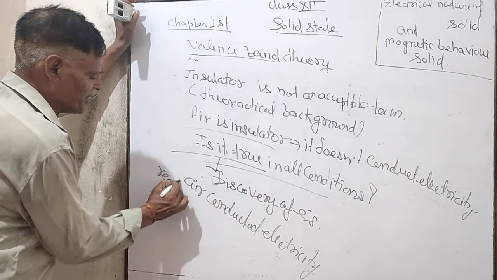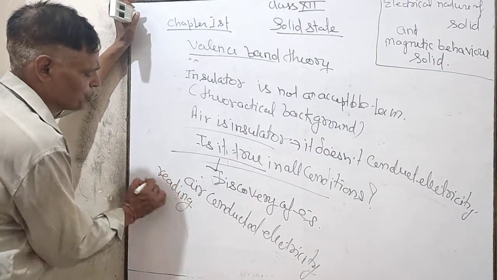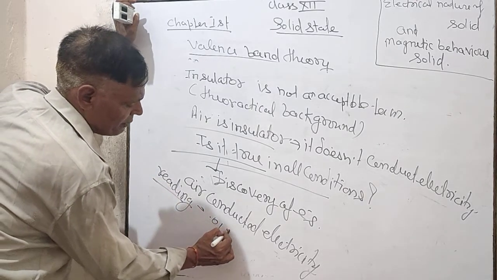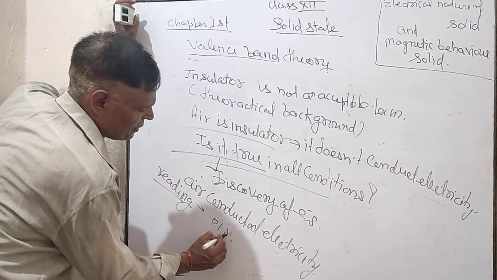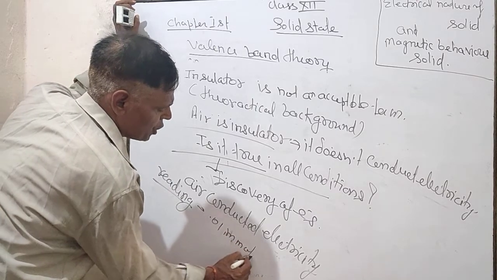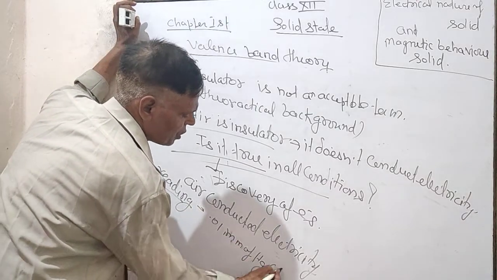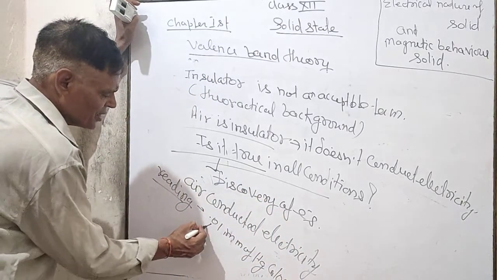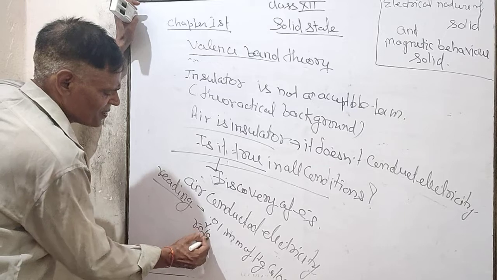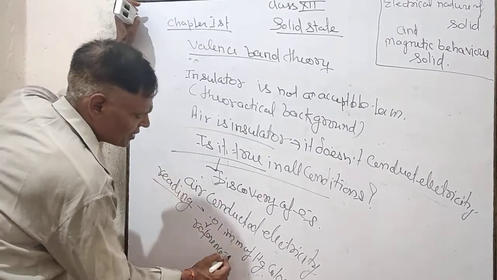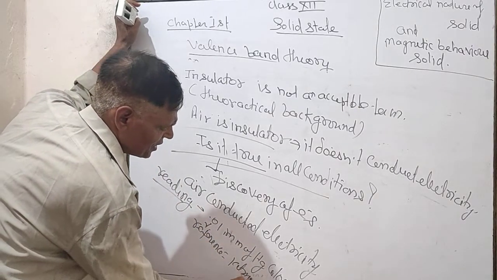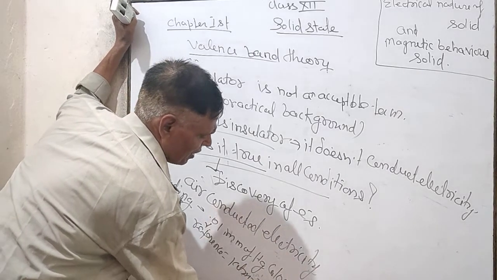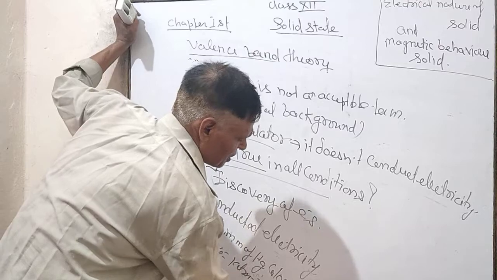The reading was 0.01 mm of Hg column. And here is the reference: 1 atm is equal to 760 mm of Hg column.